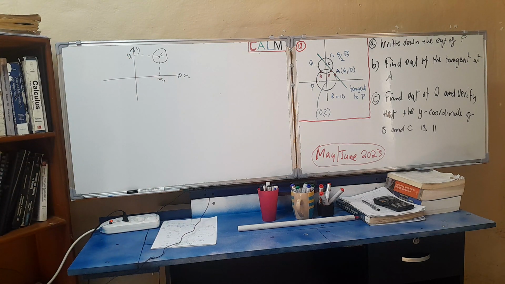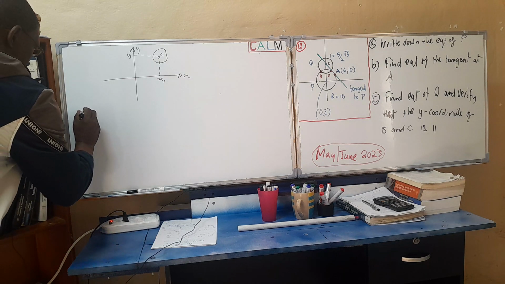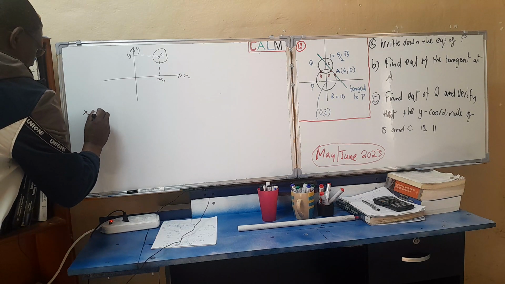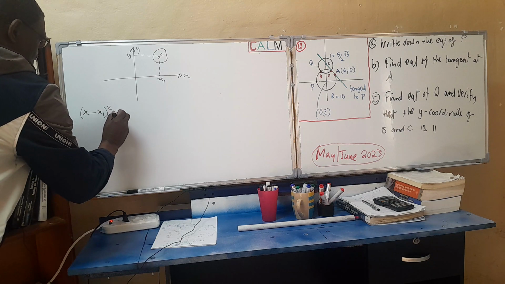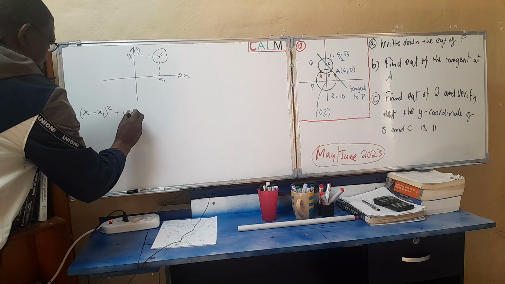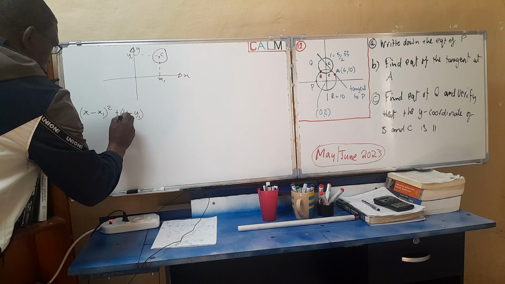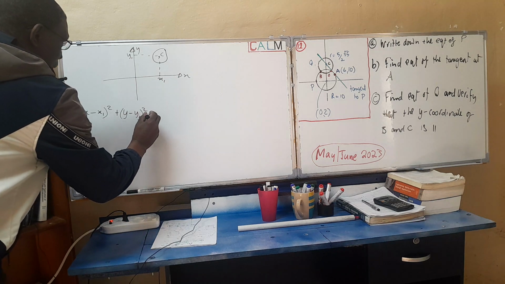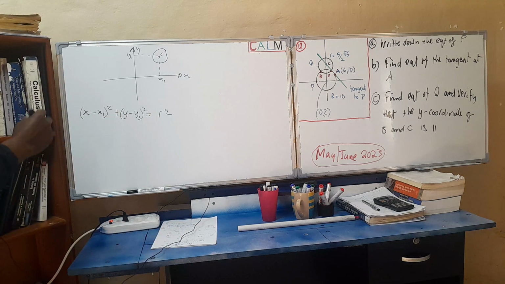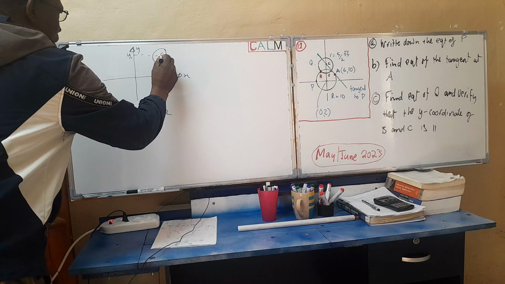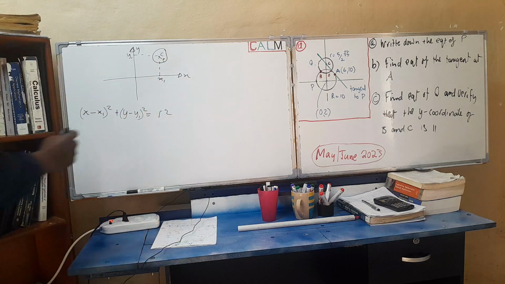The equation of the circle is given by x minus x1 all squared plus y minus y1 all squared is equal to r squared, where r is the radius of the circle.